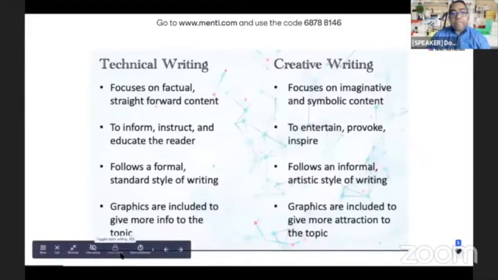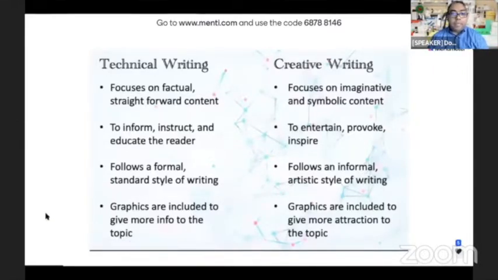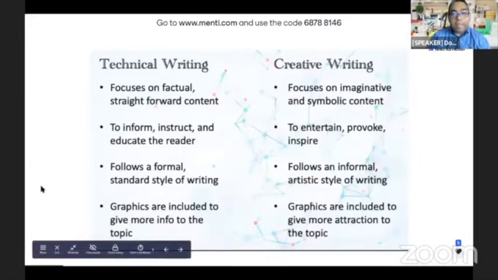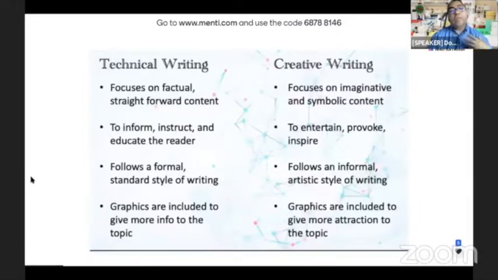Okay, graphics are of course very important here, but the graphics used in technical writing or in a scientific paper is for added information. Okay? In a way, you're also telling a story, but in a factual, evidence-based form. No? So, graphic. Yun ang purpose ng graphics natin doon. Figures and tables.